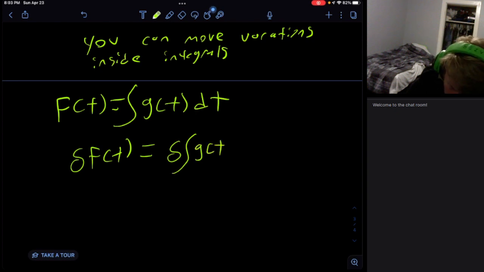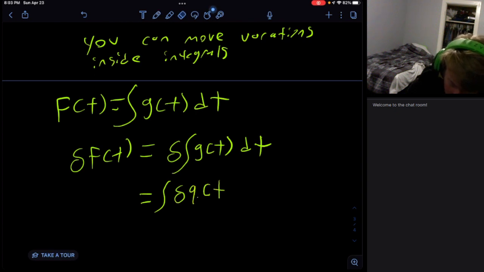So what I can do here is say, okay, I'll do the variation of g of t. I just made a q there, my bad. If you look up the general stuff for this, they usually use q's, but I kind of like f and g. That's just what I grew up with.